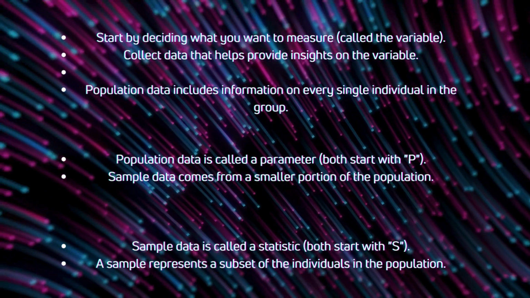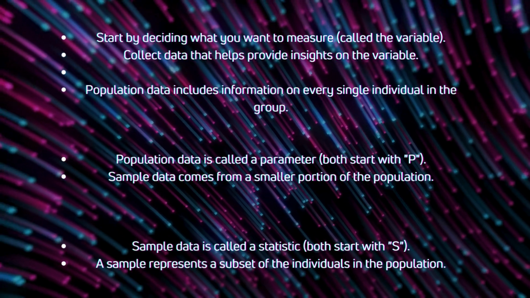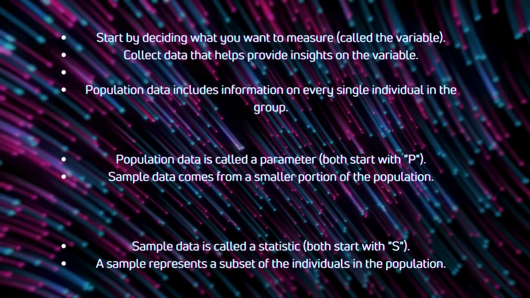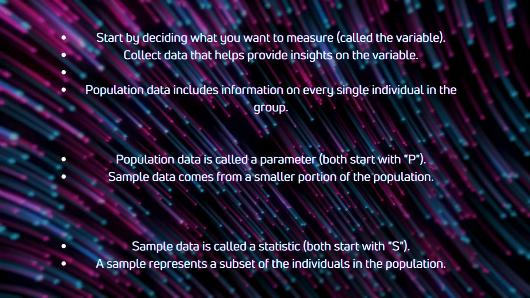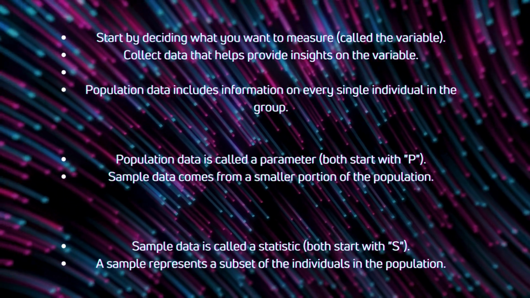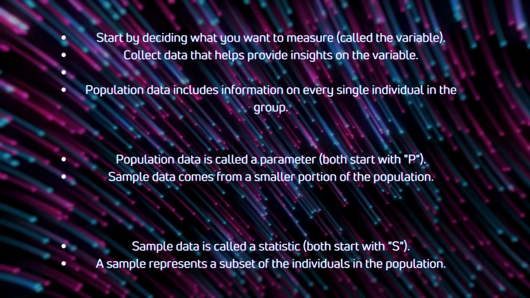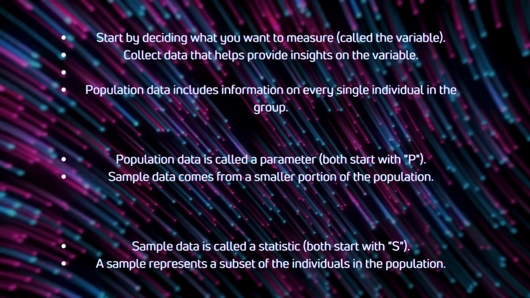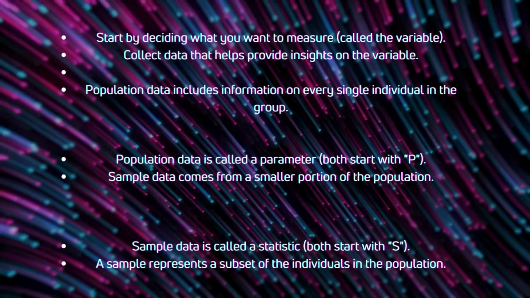Once we look at all the data we've collected, we have a bunch of numbers or a bunch of categories, and we need to make sense of what we're looking at. What does all the data we've collected mean?